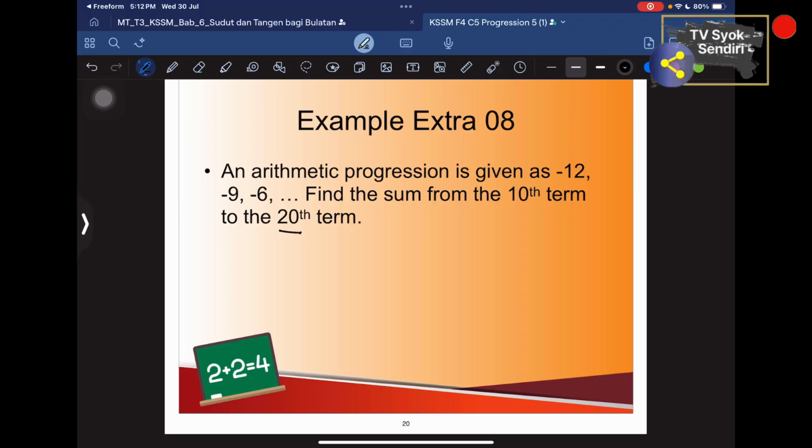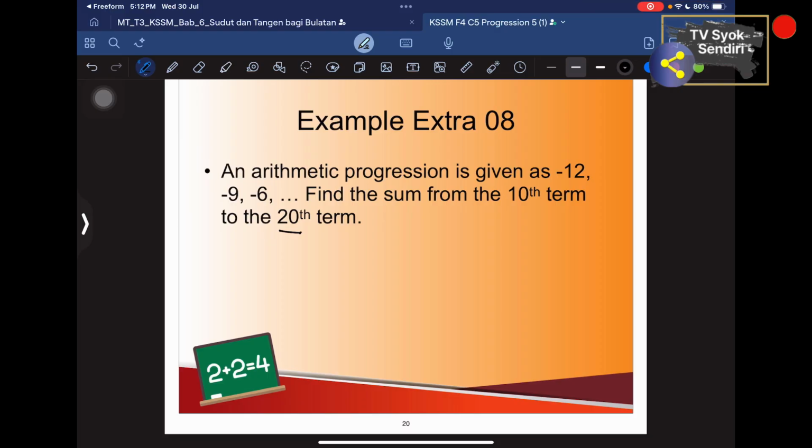But when you use the phrase sum for the first n terms, it means only the first n terms that you total up. For example, if I tell you it's a sum for the first 2 terms, it means T1 plus T2, the first term plus the second term.